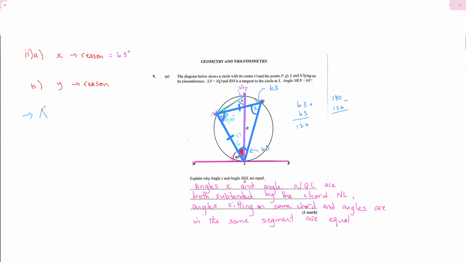So triangle NLQ, we use the points at the ends of it to name it, is an isosceles triangle.